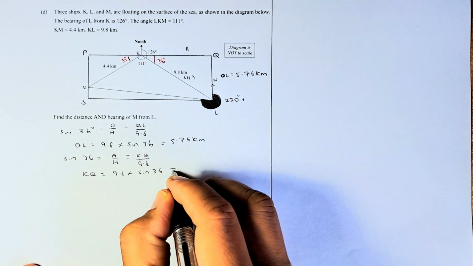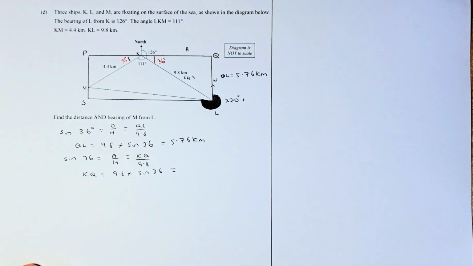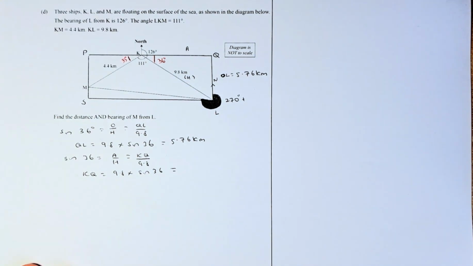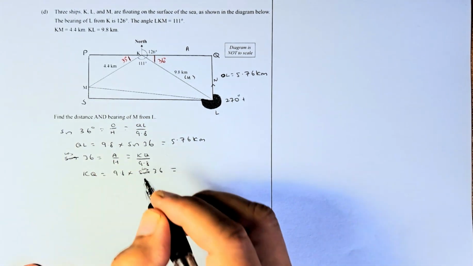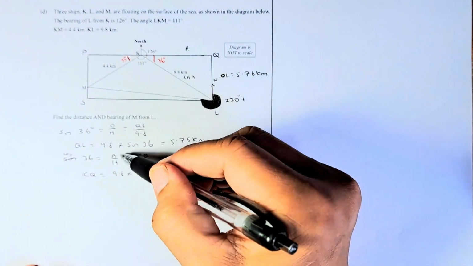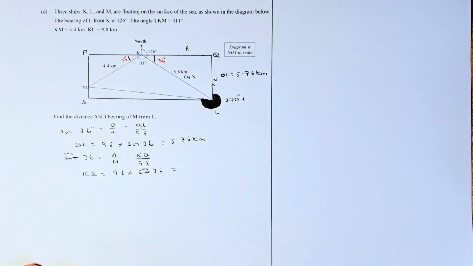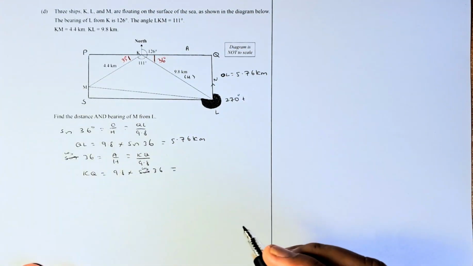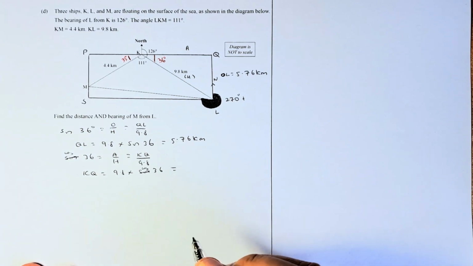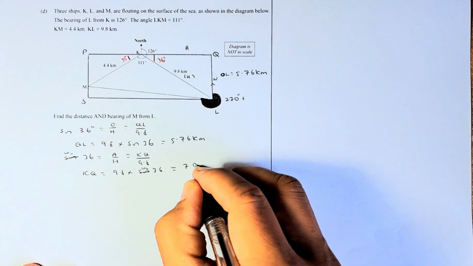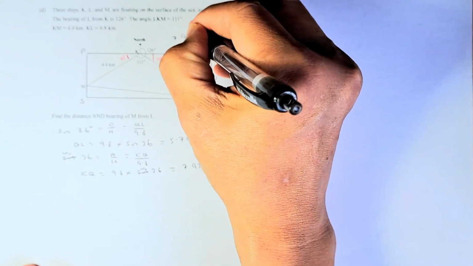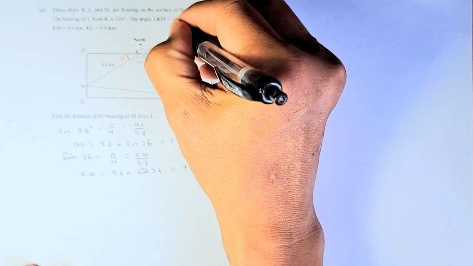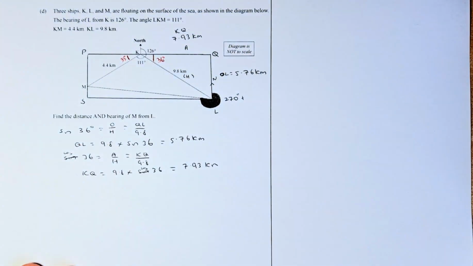It's supposed to be cos, not sine, I made a mistake there. Cos, because adjacent over hypotenuse. So 9.8 times cos 36 gives 7.93 km. That is the length KQ. So far so good? Great.